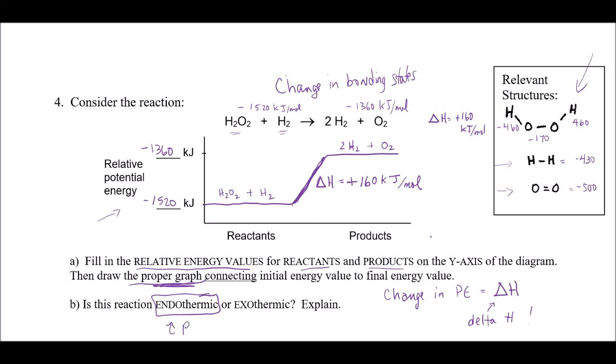This reaction requires an input of heat, specifically 160 kilojoules for each mole of hydrogen peroxide that we want to react. It's part of the equation. If you don't supply this heat energy, the reaction cannot occur. That's the meaning of the term endothermic.